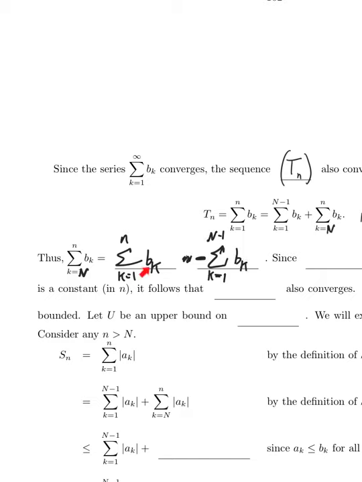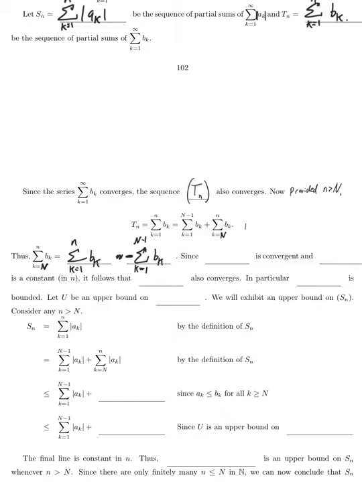This converges. That's an assumption. Because the sum from k equals 1 up to little n of b_k converges, and remember, n is the thing that's going to infinity. Everything else you can treat as a constant. So this is just a constant.